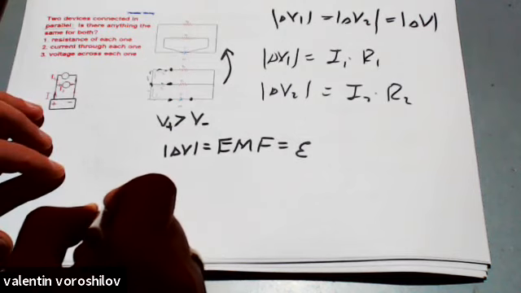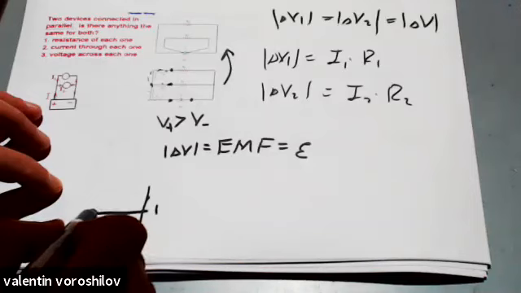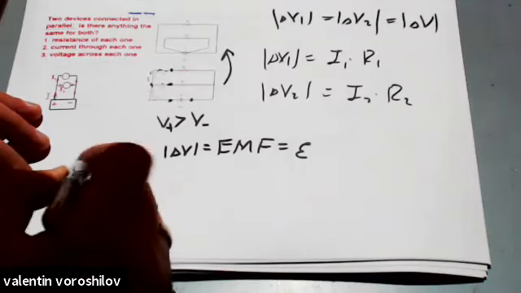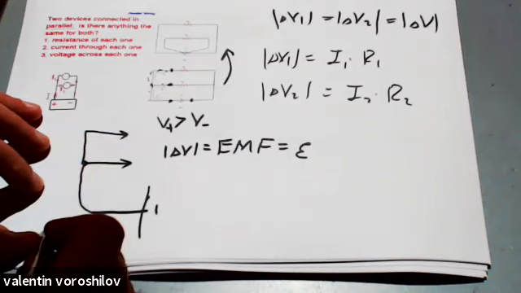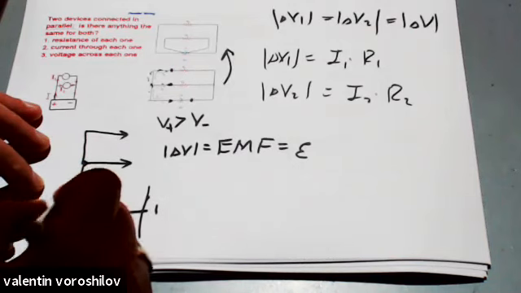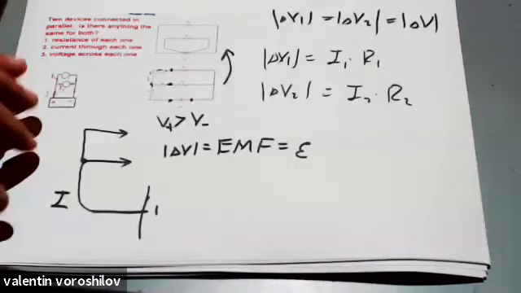You see what's happening with electric current when it moves away from a battery. It reaches a splitting point and then it splits. So electric current traveling through the battery splits into two.